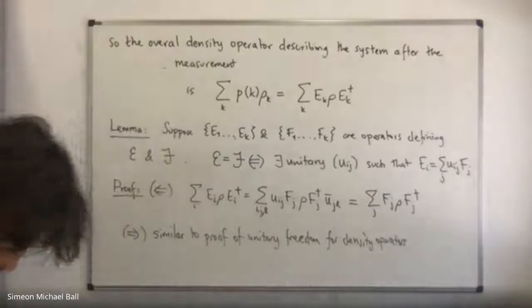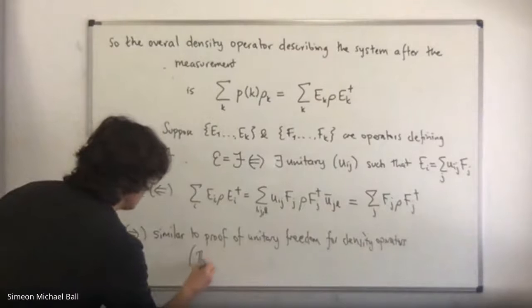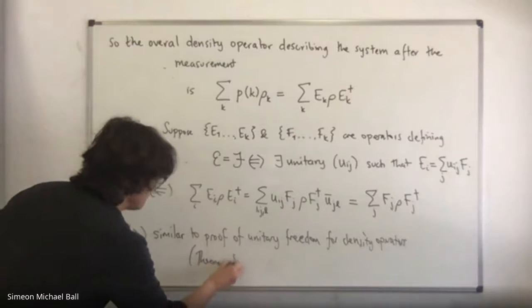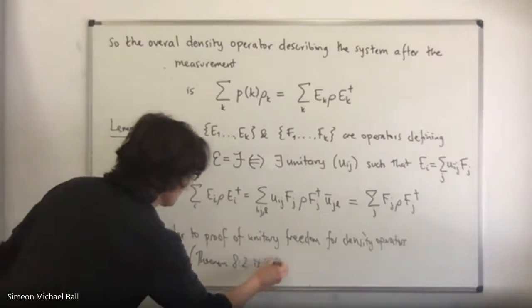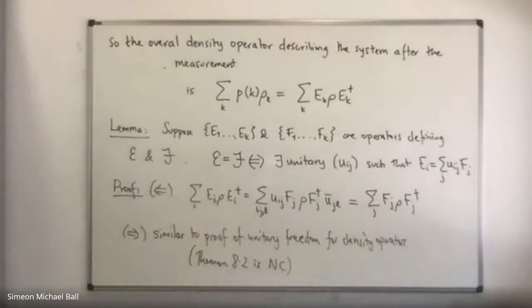If you want to see the proof, have a look at theorem 8.2 in the textbook, but as I said, it's not too difficult. It's pretty much the same as we already saw for the density operators.